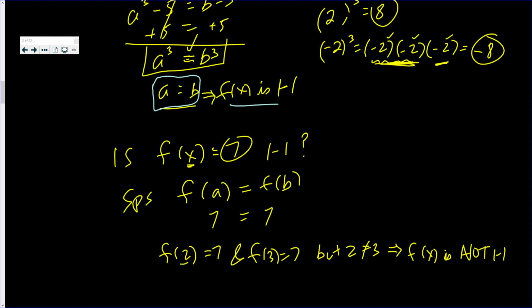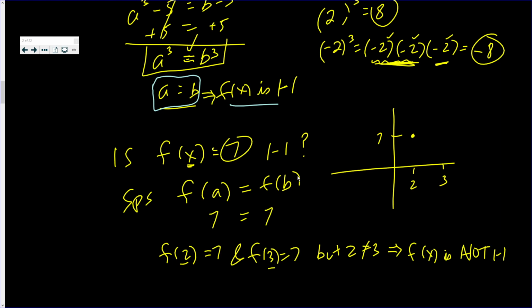I found f for two different numbers that gave me the same y value. If you were to graph that, f of 2 is 7 and f of 3 is 7. There might be other points on this graph. In fact, there are.